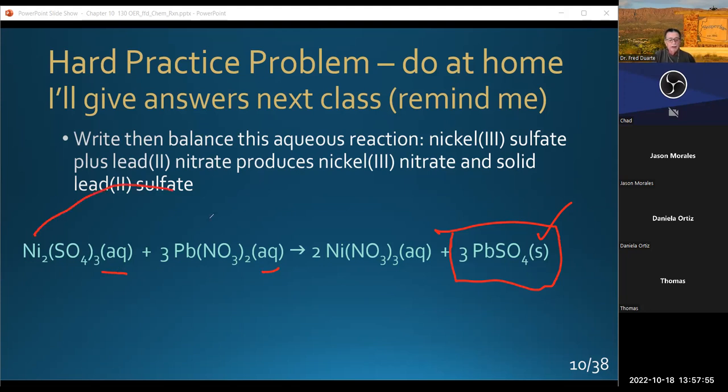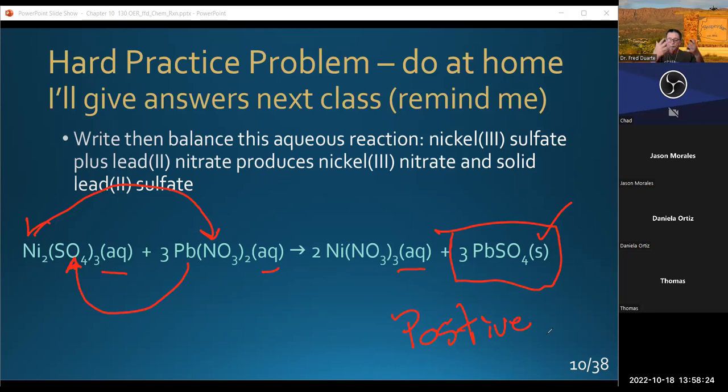The nickel now is combined with the nitrate, and the lead is now combined with the sulfate. Those are the two new partners. And after you mix the partners up, check their solubility. Notice that the nickel nitrate is soluble, but the lead sulfate is insoluble. So this indicates we have a positive reaction because of that insoluble material.